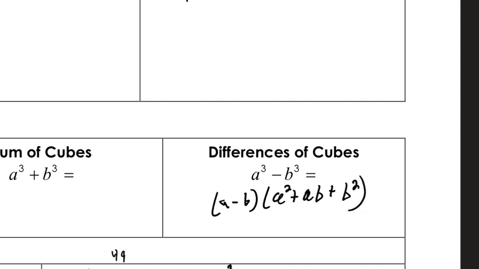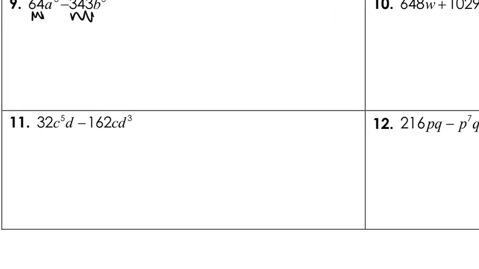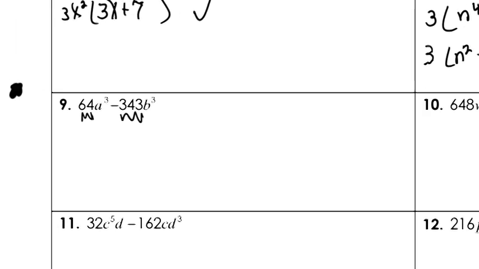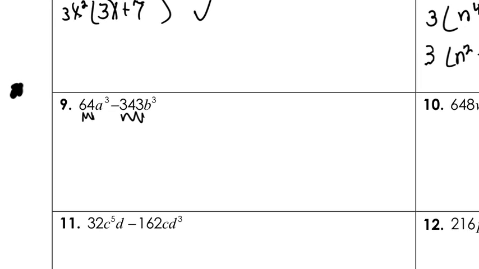And if you FOIL those out, you would get a cubed minus b cubed if you multiply them out. So you would use that rule because you're going to end up having a difference of cubes. Or actually, you can use it the way it is. You don't factor anything out of that.